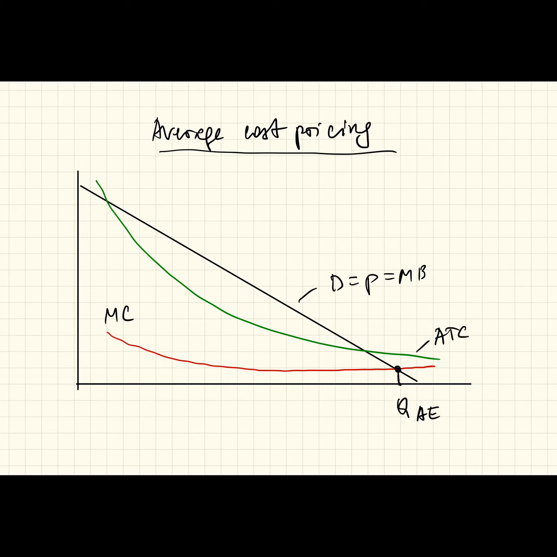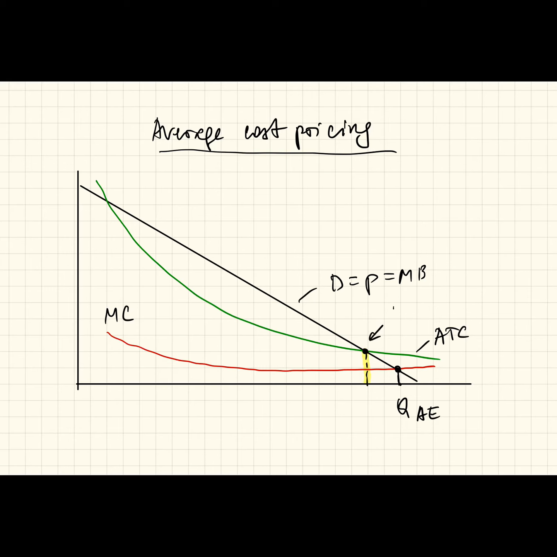And basically, if you want to keep this company afloat, so to speak, so it doesn't lose money, you can only push it to this point. Because beyond this point, let's say at this level, you see, right after this point, ATC gets over the price curve and the company will be losing money. So that's why we want to stop right here, where the company is breaking even.